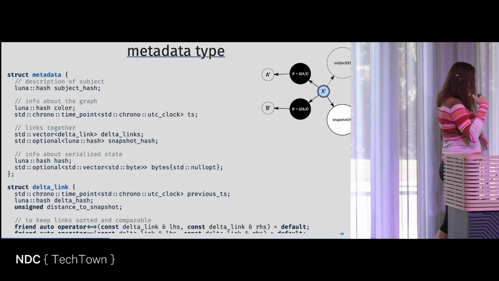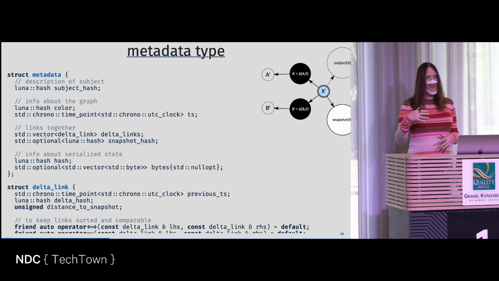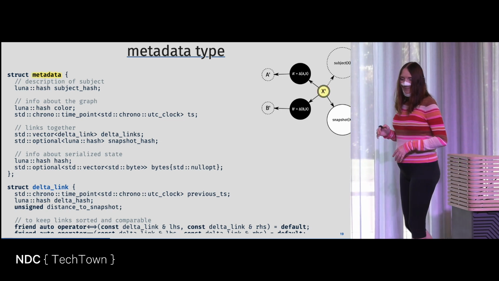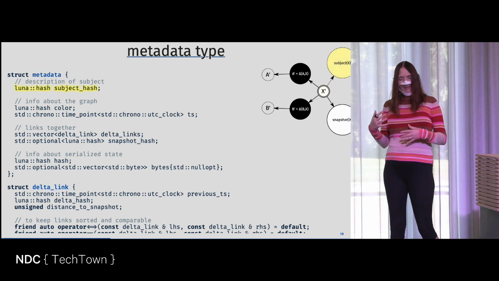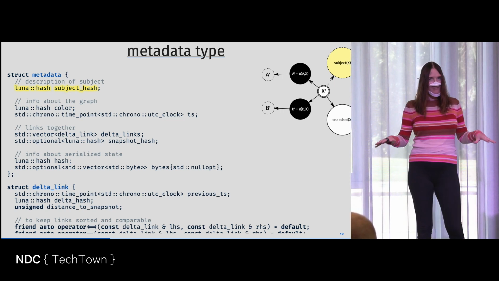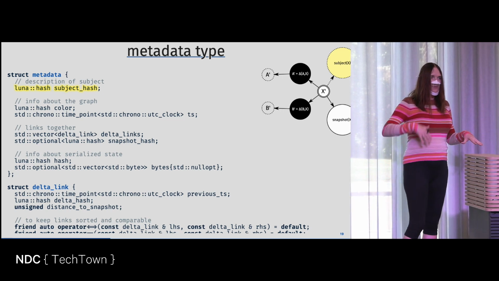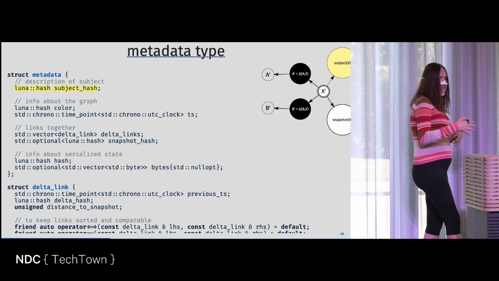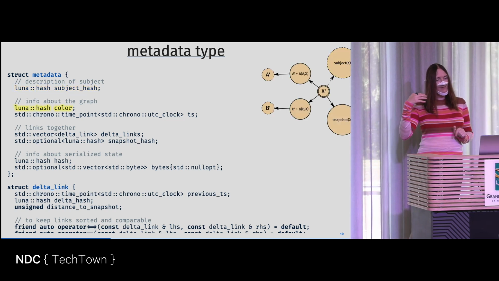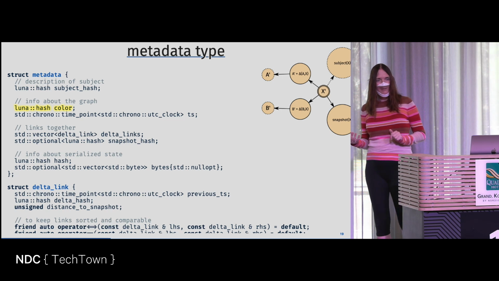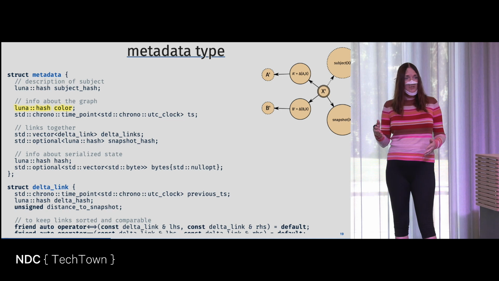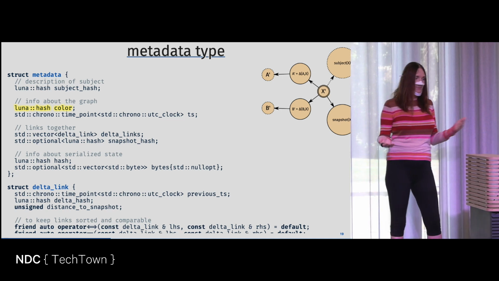When we introduce the type hash, now we need to introduce type metadata, one denoting our state. And metadata contains the hash of the subject, the data we are updating to. So when we finish the update, we can check if we are in the correct state. Also, it contains the color of the graph to distinguish between multiple graphs, if you have multiple branches or A/B testing, whatever.